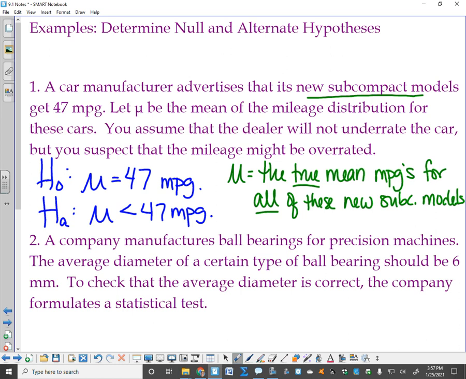Okay, number 2. A company manufactures ball bearings for precision machines. The average diameter of a certain type of ball bearing. Okay, a ball bearing is like a metal ball. Well, they can be tiny. I guess they could be bigger. But I had a desk chair one time where one of the wheels kind of broke apart, and there were all these silver tiny beads all over my carpet where my chair was.